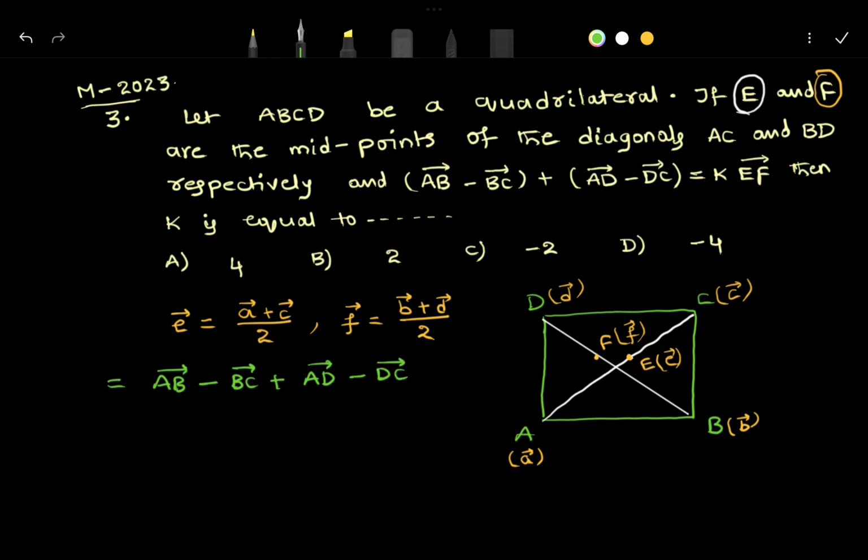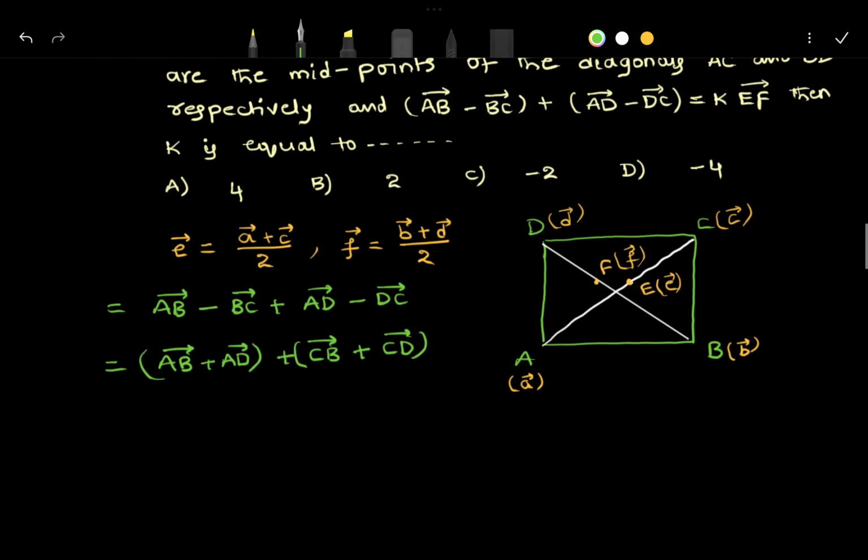Here I will take AB bar plus AD bar, and BC bar can be written as CB bar, and DC bar can be written as CD bar. By writing this there is no change in the value.